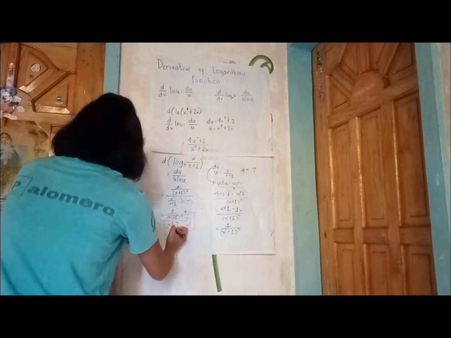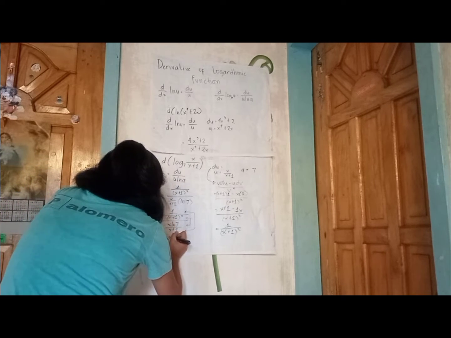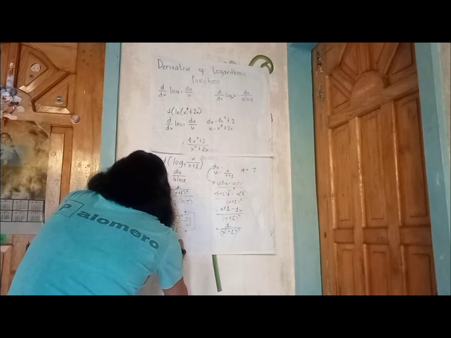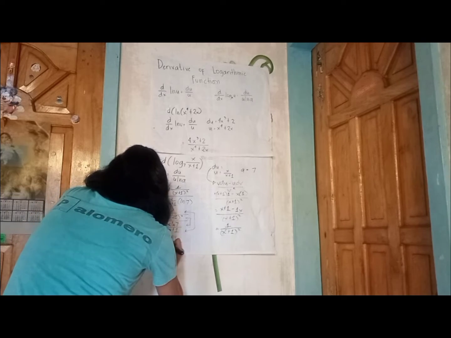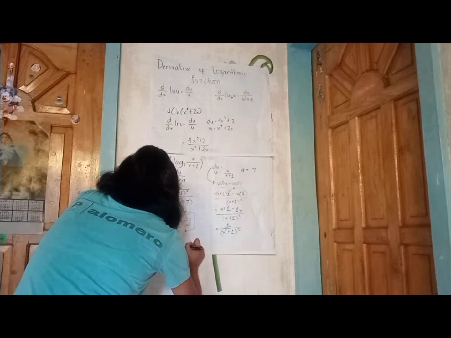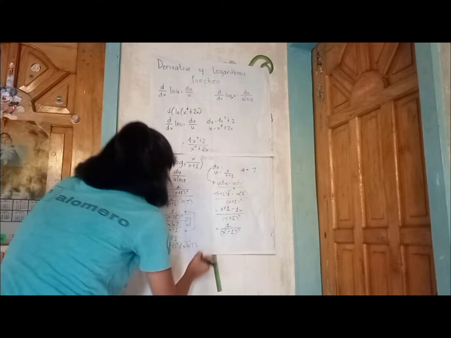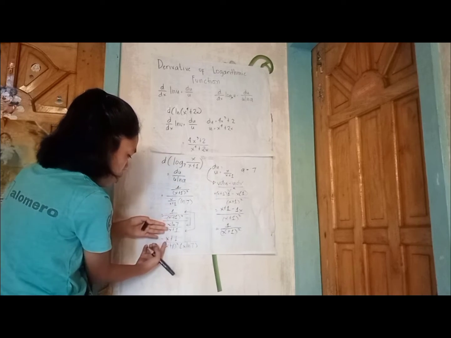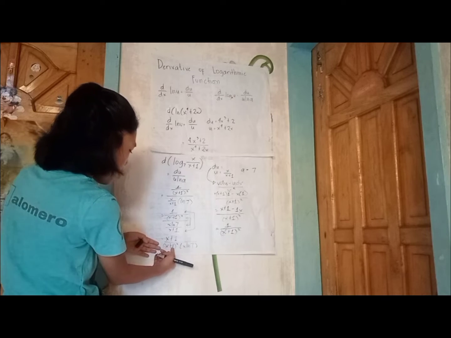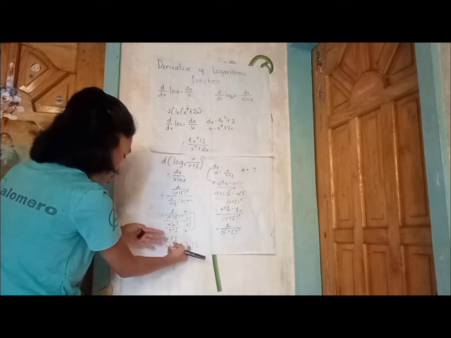We will have x plus 1 over x plus 1 squared times x ln 7. So 1 times x plus 1 is x plus 1. Then x plus 1 squared times x ln 7 stays as is.